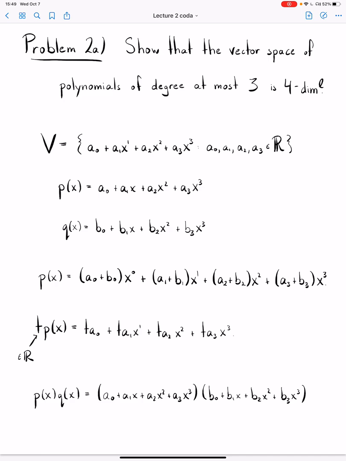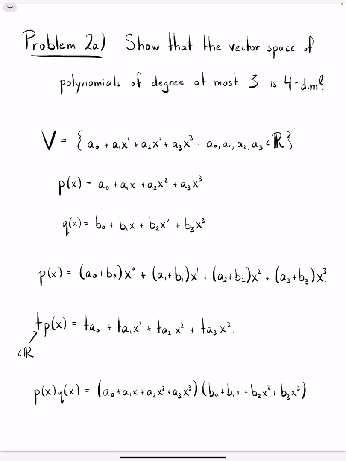Well, you multiply out the brackets and then you collect together like powers of x. So even though it is possible to multiply polynomials together, we're not going to do that here, right? We're thinking of polynomials as vectors in a vector space, and in a vector space, all that you think about is adding and scalar multiplying. So even though this is a special type of vector space where you can multiply vectors together, that's not going to play any role in the considerations that we are going to pursue.